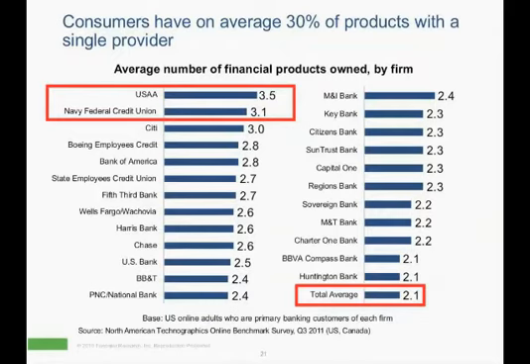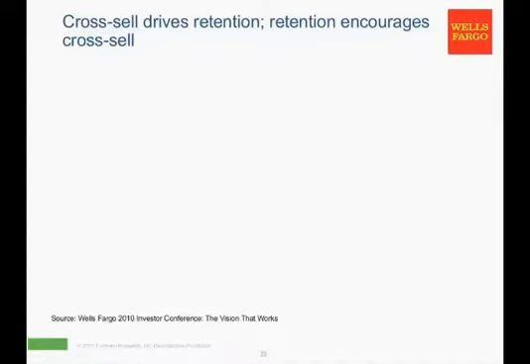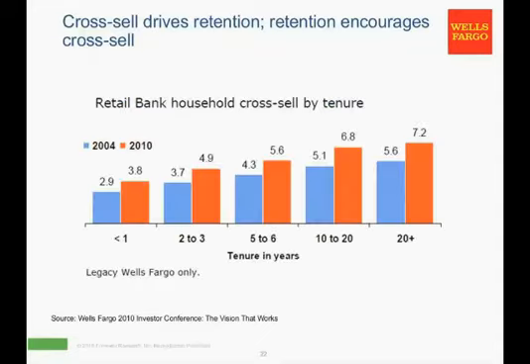Well, then you might ask yourself, what impact does cross-selling have from a profitability and retention perspective? Well, Wells Fargo has done years of study around this, and this is where I came from. I came from Wells Fargo prior to coming to Forrester. This is actually from one of their investor conferences where they laid out the consumer has less than one product, 2 to 3, 5 to 6 products, 10 to 20 products.